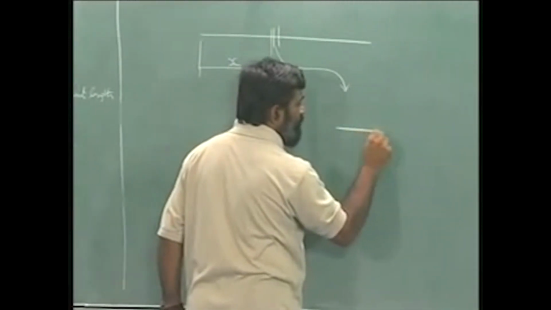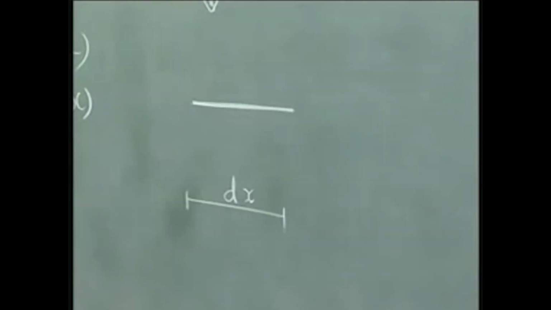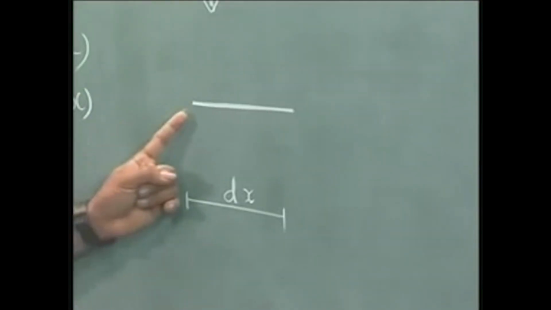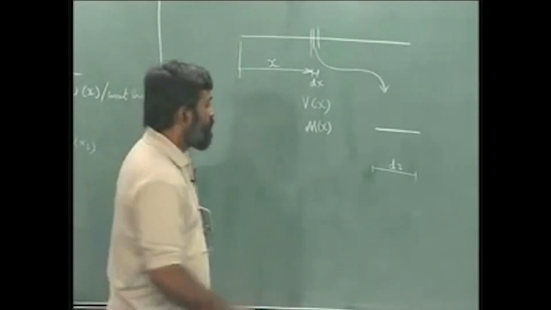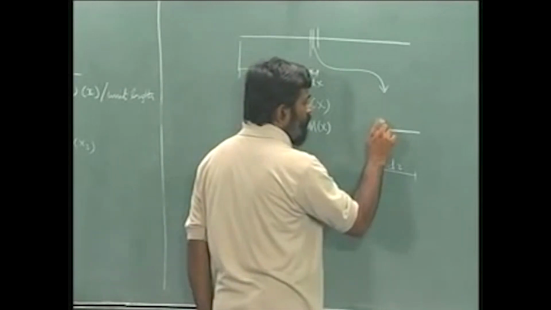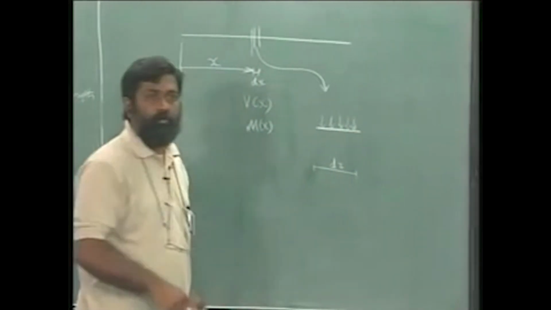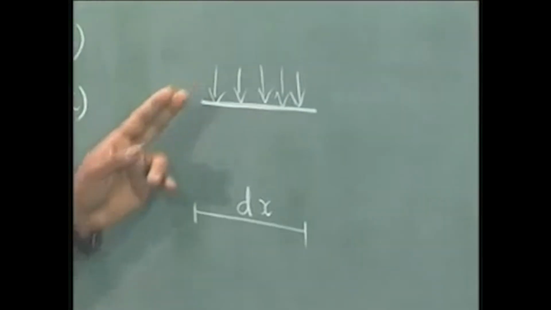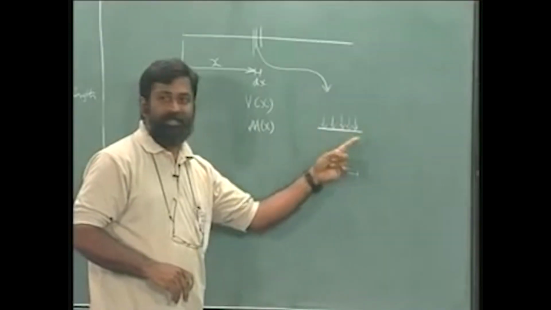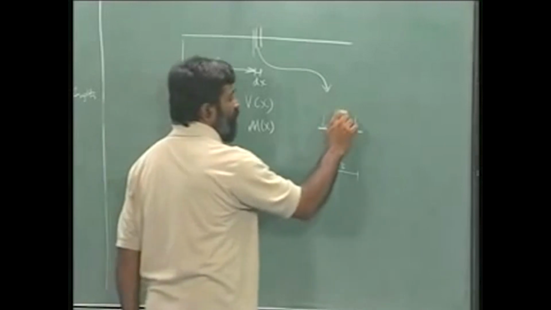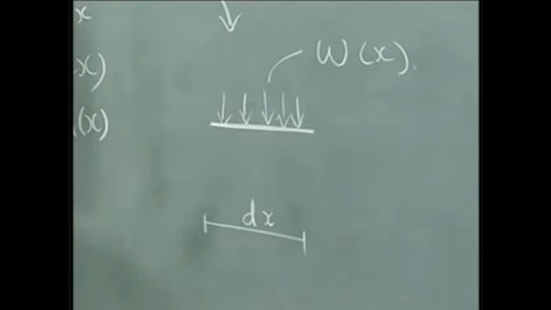So, this is a length which is just dx in length. This is x away from one of those reference points. There will be a load acting on this, with no loss of generality, within the small length dx, the variation can be neglected and we have W at x per unit length.